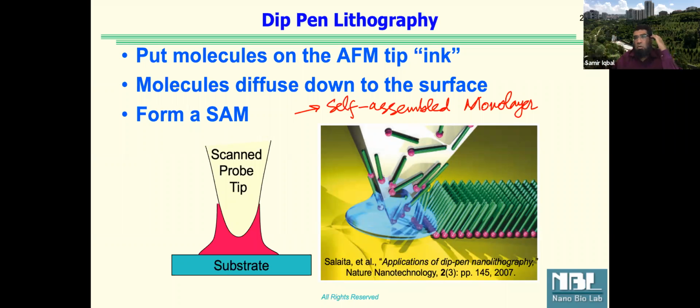In this cartoon, these are molecules which have green and pink subunits. The pink unit is hydrophobic, doesn't like water. So when you put it down and there is water, the pink will try to stay away from the water, so the whole molecule will kind of align itself.